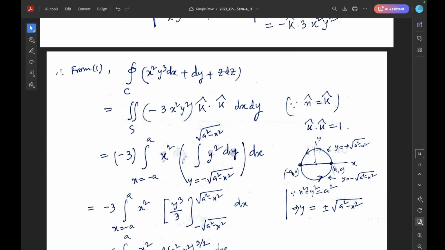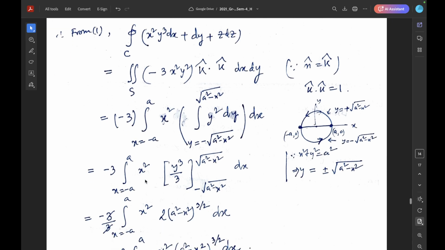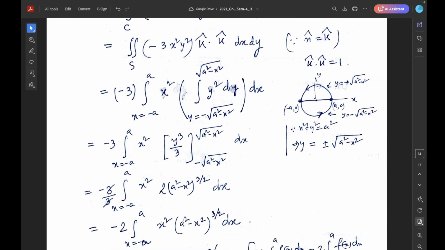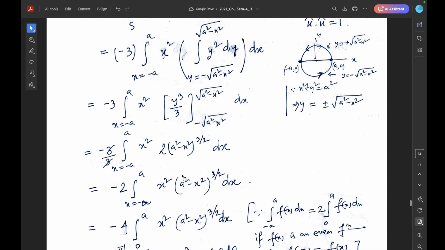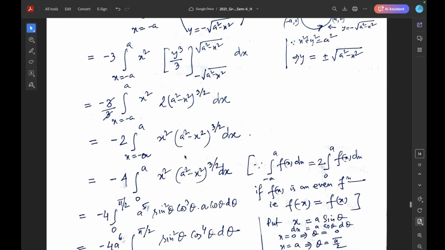Then we integrate y square dy, with minus 3 and x square common, and dx from x equal to minus a to a. The y cube by 3 from the lower limit to the upper limit, and simplifying we get this.